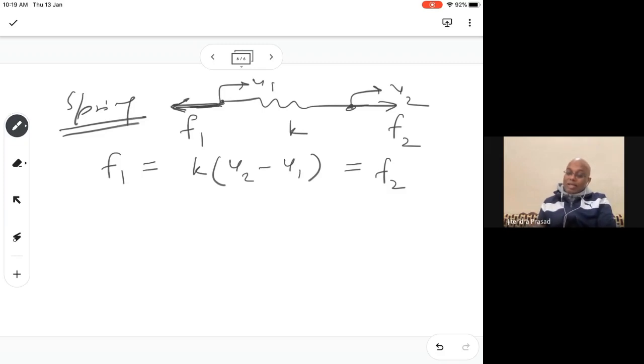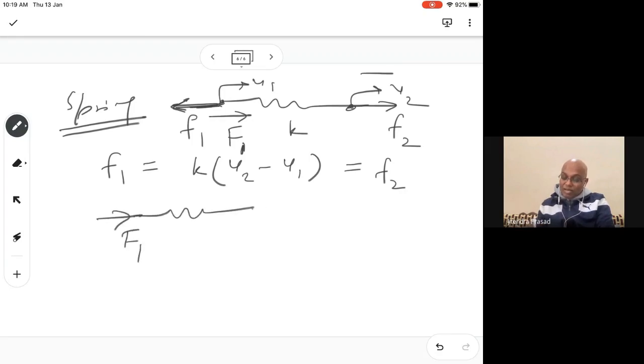Now, since we want both in the same direction, what happens here? Instead of this, we write F1 here, and this is F2 here. So we have F1 here and F2 here, in the same direction, right?